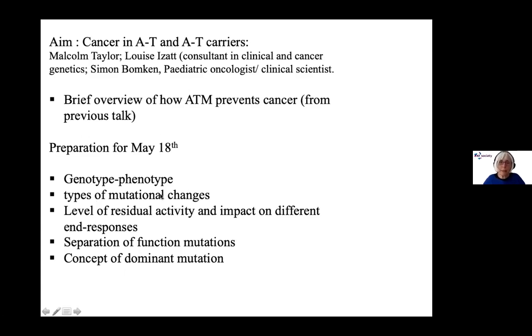And then more in preparation for the 18th, talk to you about what genotype-phenotype relationship is, what that means, types of mutational changes, the level of residual activity, and these couple of concepts about separation of function mutations and the concept of dominant mutations. And hopefully that will then really put you in a good position to understand and to be able to get more out of the talk from these people and the questions.